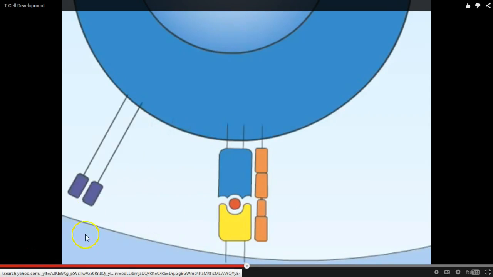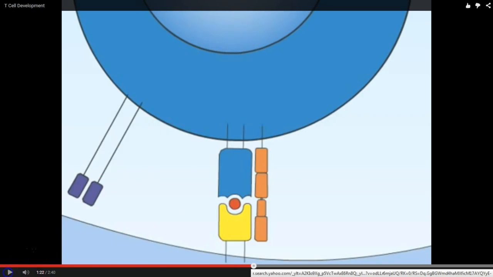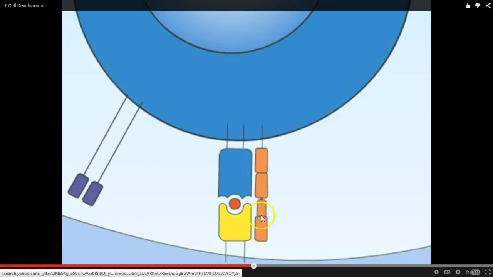So in this case, it's a CD4 that's recognizing, and that's because this is MHC class 2. This is a special class of MHC, only found on specialized white blood cells that can do what we call antigen presentation. These are your dendritic cells, your macrophages, and your B cells.